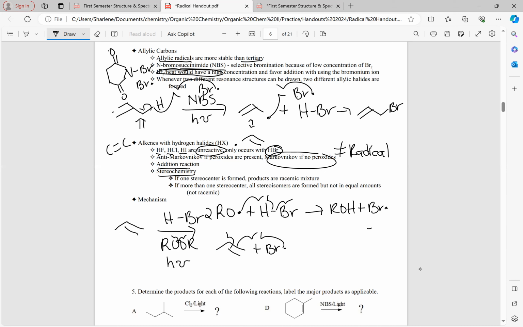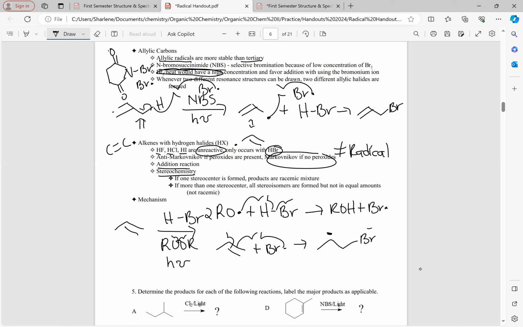Anytime you break a pi bond, you can put two things in its place. So we're going to go to the most stable. Oh, look. I didn't violate any stability rules. The most stable radical happens to be in the Markovnikov location, so the bromine went in the anti. So by doing this reaction, I'm not violating stability rules. I'm just using the reactions to my benefit.